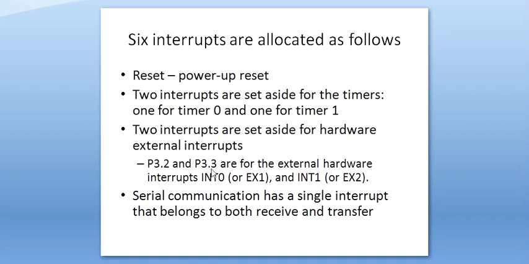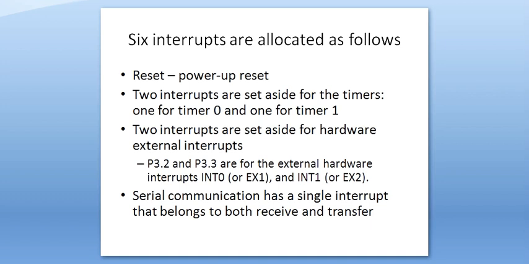These are the external interrupts INT0 and INT1. Then serial communication has a single interrupt that belongs to both receiver and transmitter, since in serial communication we need both receive and transmit.